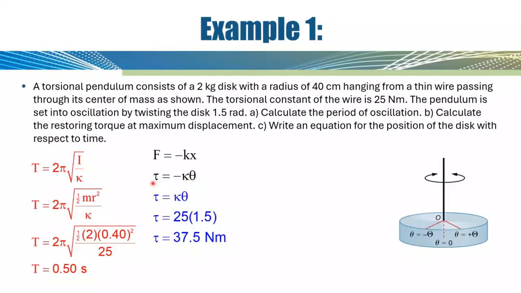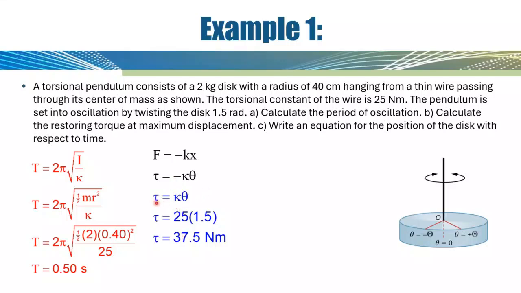But I want you to see that this restoring torque equation is kind of analogous to Hooke's law, which was F equals negative kx. So instead of displacement x, we're going to have an angular displacement theta. And the negative sign just tells me that the restoring torque is acting in the opposite direction. So I'm not going to need that negative sign in my calculation for letter B.